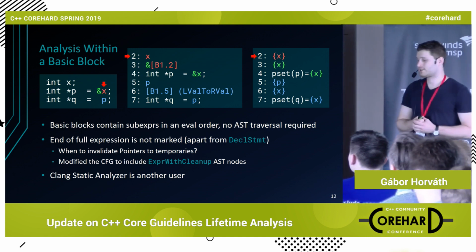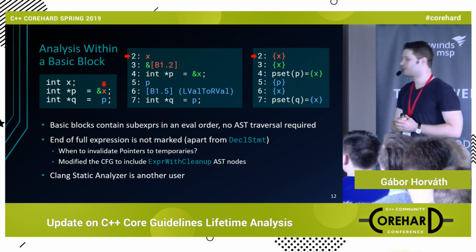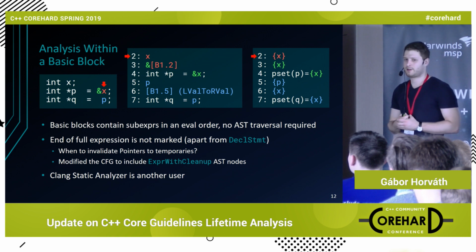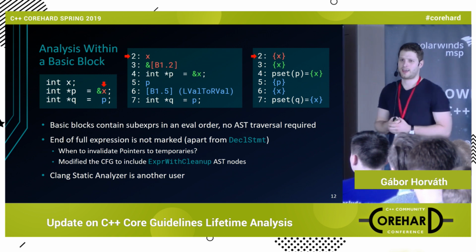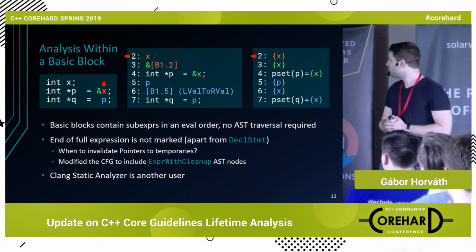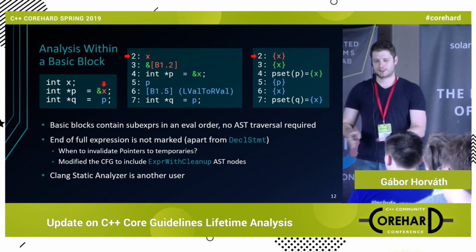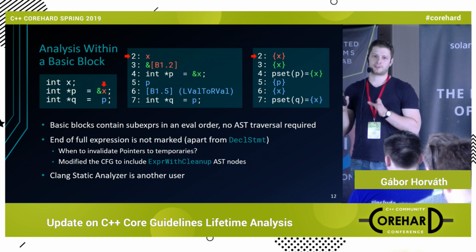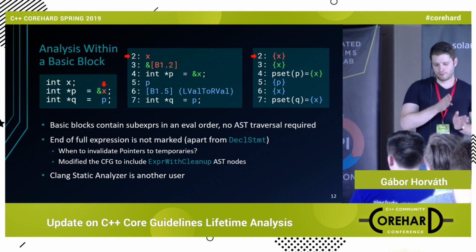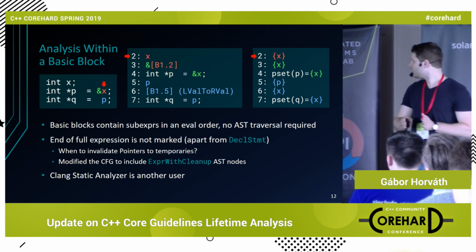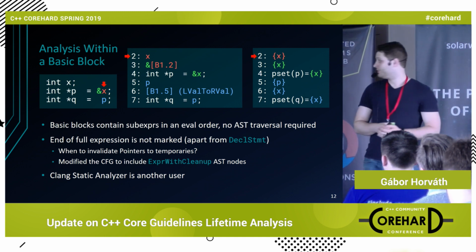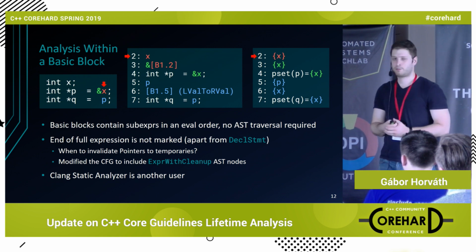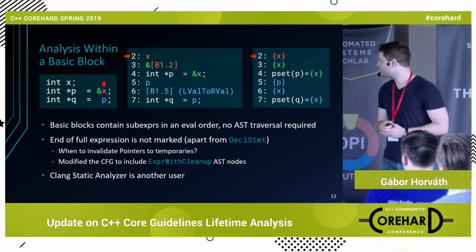So let's start with the first sub-expression, that is just the mentioning of a variable x. It's actually an L value. So the point here is that we have some well-defined rules for what to do for each kind of sub-expression, and by following these specific rules, the analysis will derive the right points-to set for each of the pointer types.